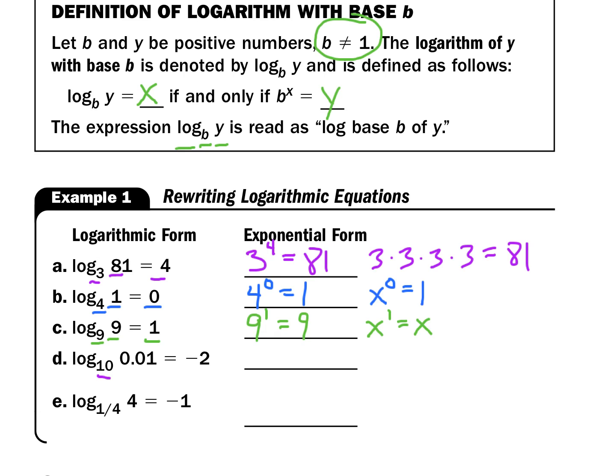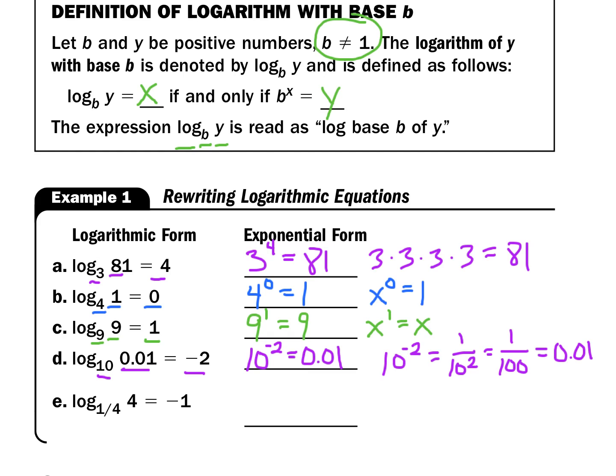Log base 10 of 0.01 is equal to negative 2. So 10 to the negative 2 power is equal to 0.01. Or in other words, 10 to the negative 2 power is equal to 1 over 10 squared, which is equal to 1 over 100, which is 0.01, 1/100th.